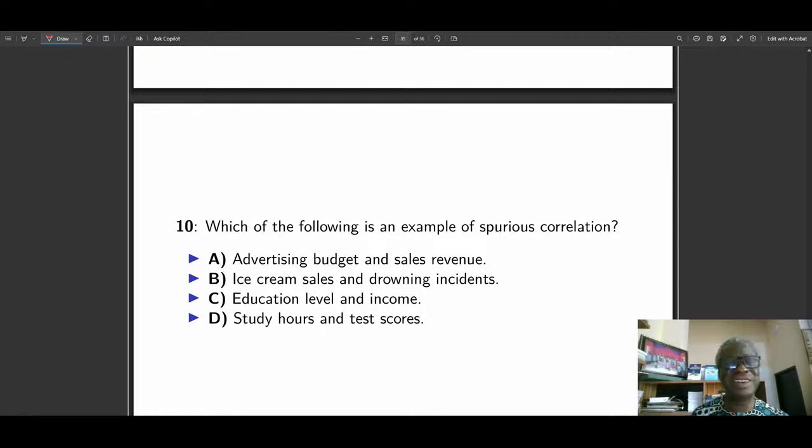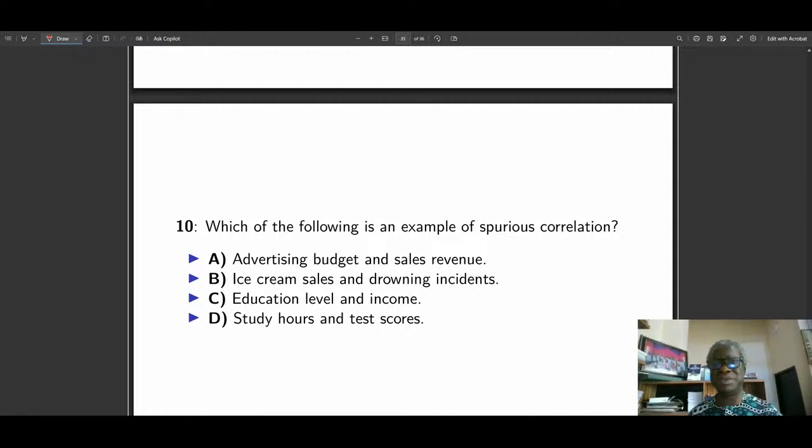Question 10. I think we mentioned this. Some correlations that are spurious are those that just show a relationship by chance, not that there is any underlying factor.